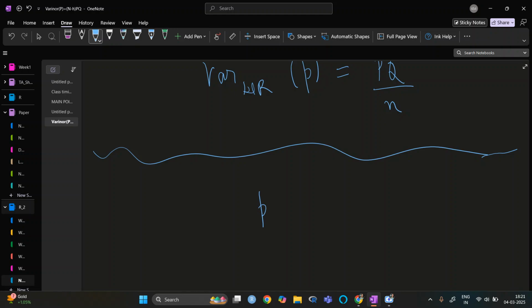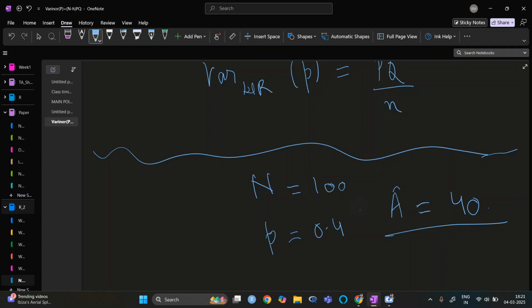So how do we know that? Let's say n is 100, and p is 0.4. So this A cap will be what? It will be 40. So that one will be the total one.